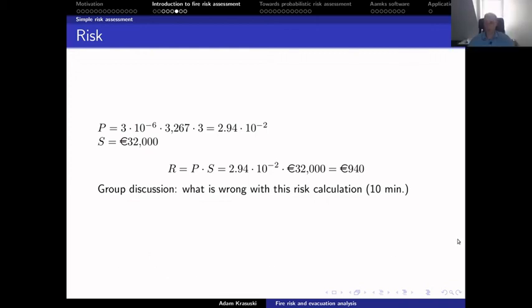Okay, welcome again after a short break. I hope that the discussion was fruitful and you found a number of pros and cons related to this simple method of risk assessment. And I guess that one of the cons of this approach was that fire safety engineering is mostly concentrated on protecting life, not the property.